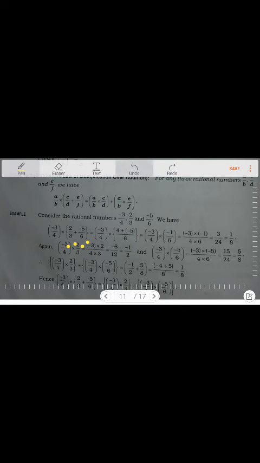This is the solution of what? Left hand side. Left hand side means this: A/B × (C/D + E/F). Here you can see these two are added in the bracket at first, and then with A/B it has been multiplied. In place of A/B, C/D and E/F, they had assumed the numbers.